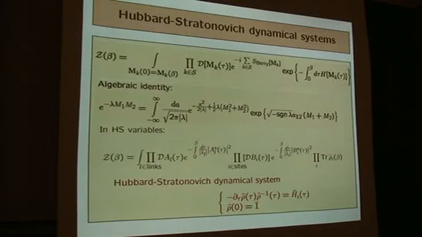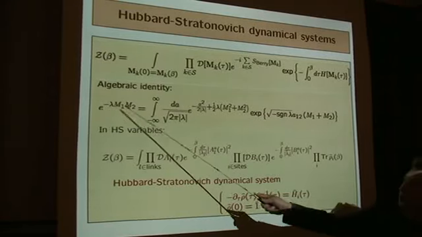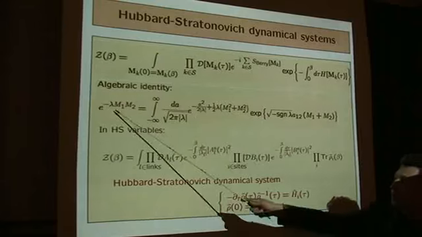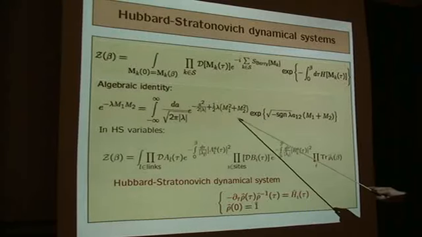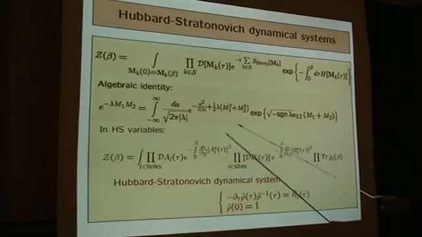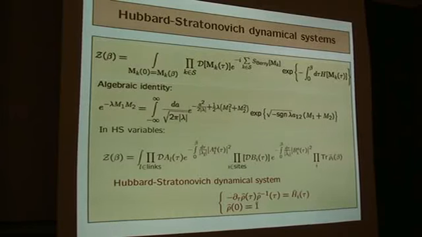So, for example, if you have an arbitrary problem, it can be a spin problem or any other problem, you have interaction between two elements, let's say on different sites, you can use this algebraic identity to introduce basically a Hubbard-Stratonovich field in the path integral. But instead of trying to calculate the path integral, you can prove the following identity for the partition function of the model.